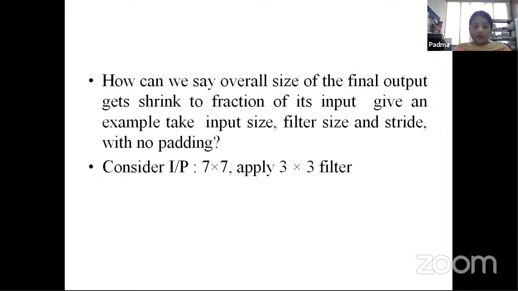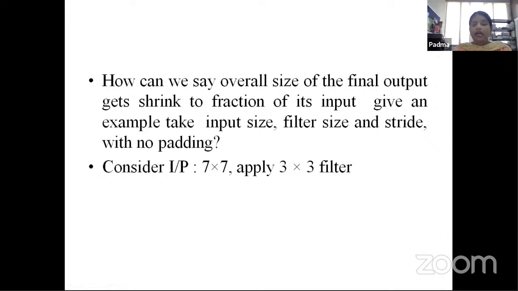So what you can do is, let us consider the input. The input size here is, let's take 7 cross 7, and let's try to apply one filter on this particular input. The size of the filter here is 3 cross 3, that is, the spatial extent is 3, right?